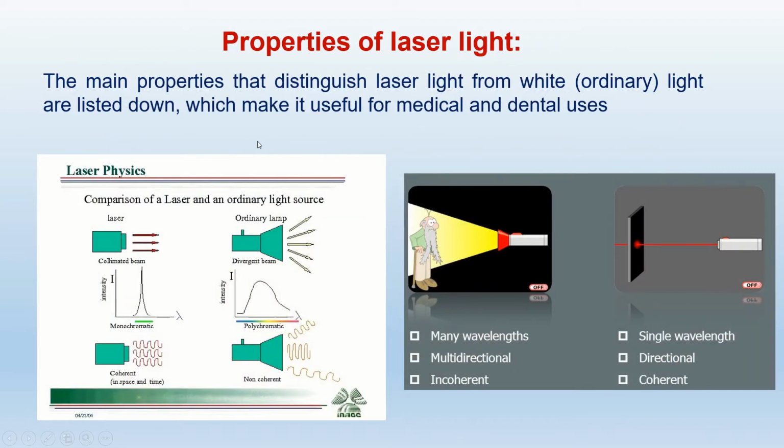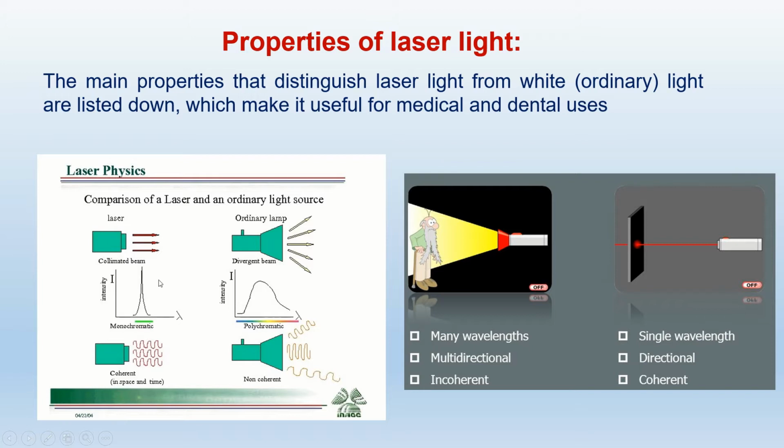The main properties that distinguish laser from ordinary light are listed to be used usefully in medical and dental uses. Firstly, the laser light is a collimated beam and has parallelism, unidirectional, while ordinary light is more divergent, it's not parallel.